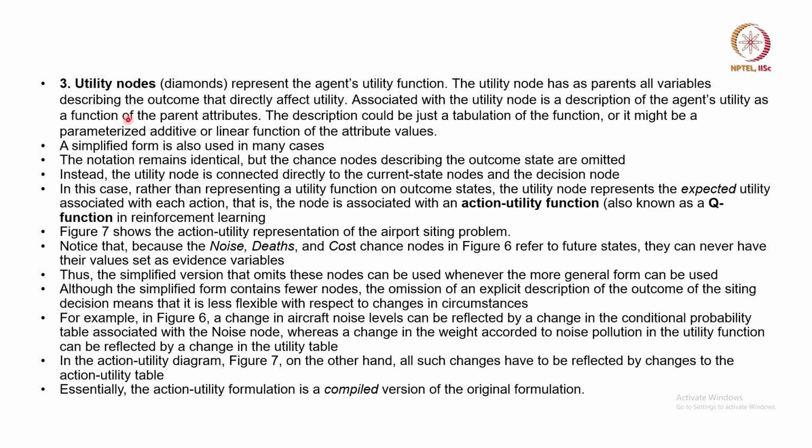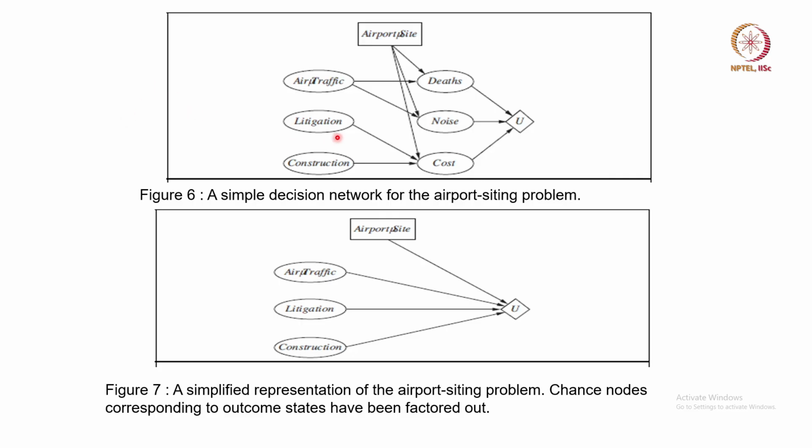We can see here the decision network, where the elliptical things are the chance nodes, the rectangle is the decision node, and this is the utility node that we have.